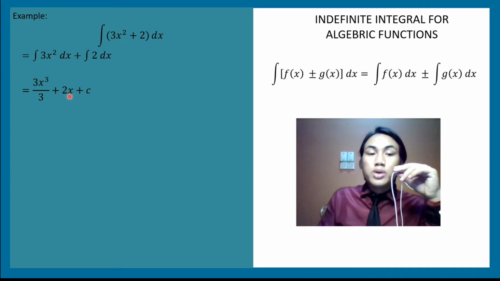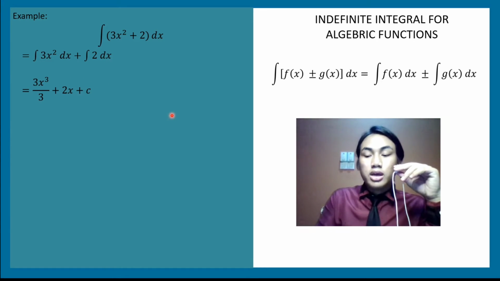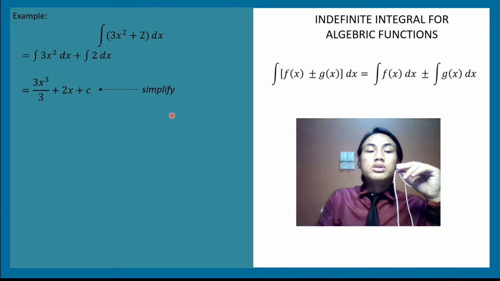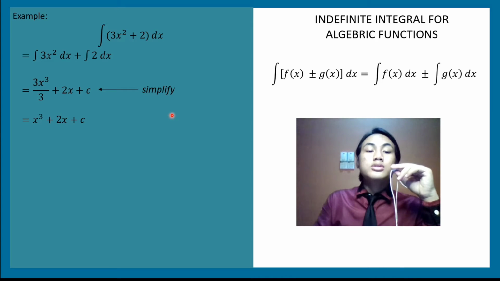Then plus 2s, because it is a constant a, and c for our constant. It is compulsory. The 3 over 3 can be simplified, and our final answer is s cubed plus 2s plus c.